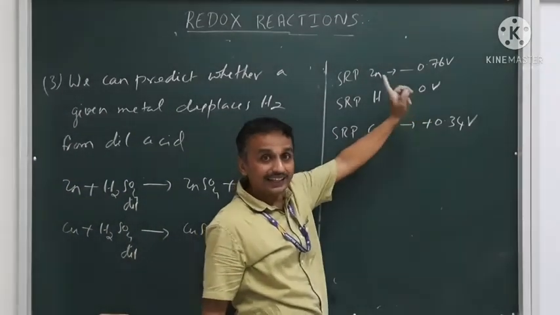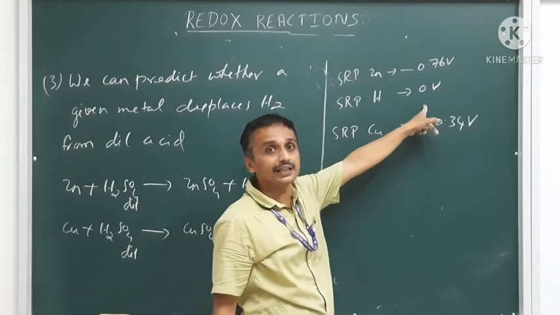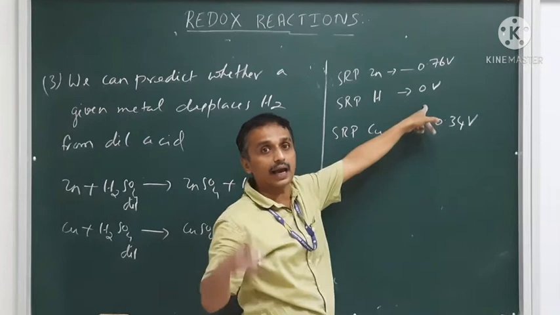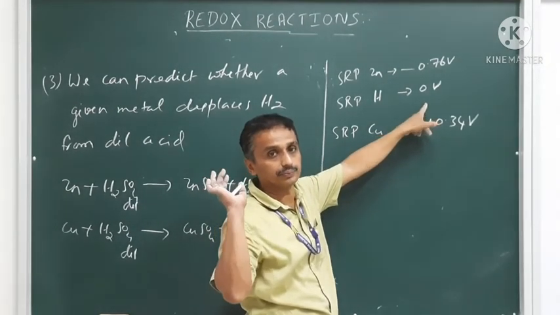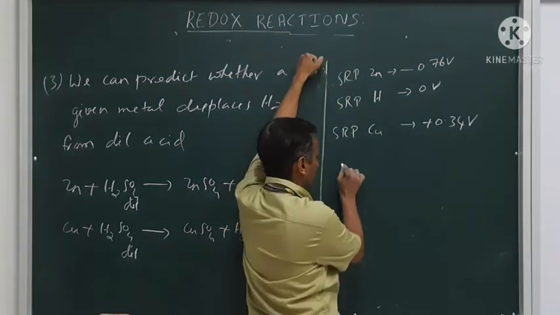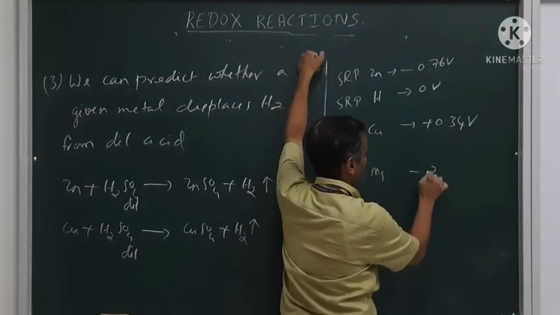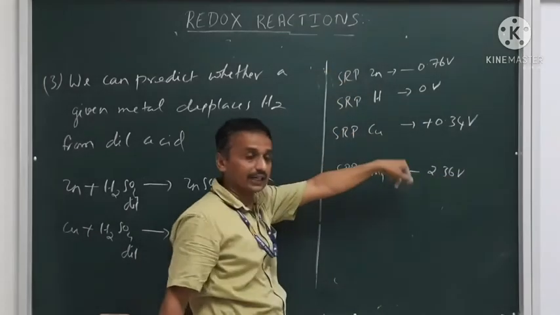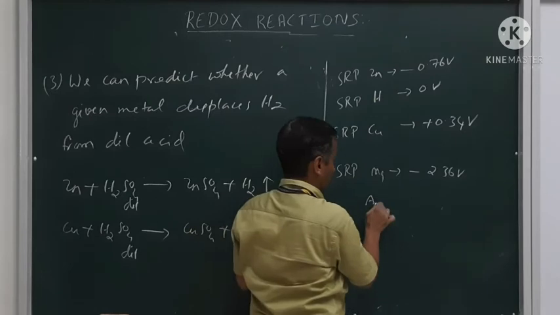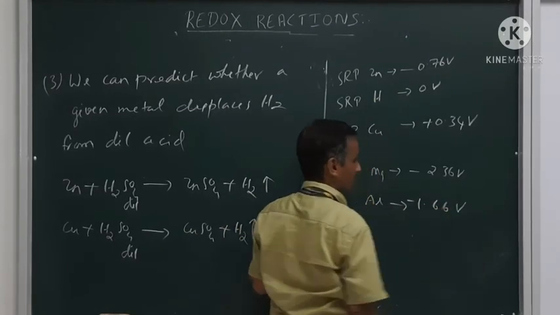See, any metal which has a lower SRP than hydrogen can displace hydrogen from dilute acid. The SRP value of magnesium is minus 2.36 volt, so it can displace. Aluminium, at minus 1.66 volt, can displace.